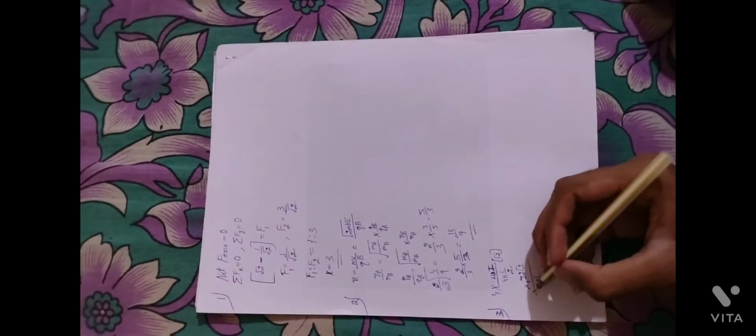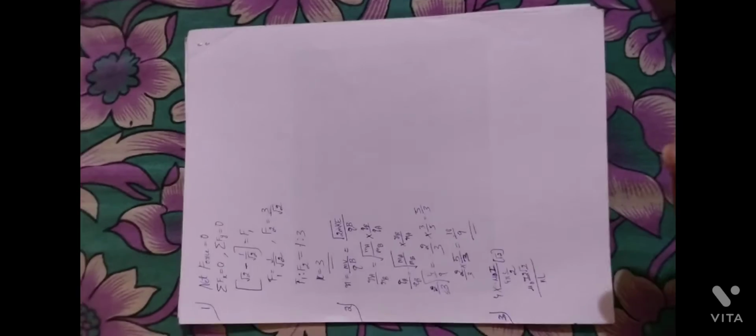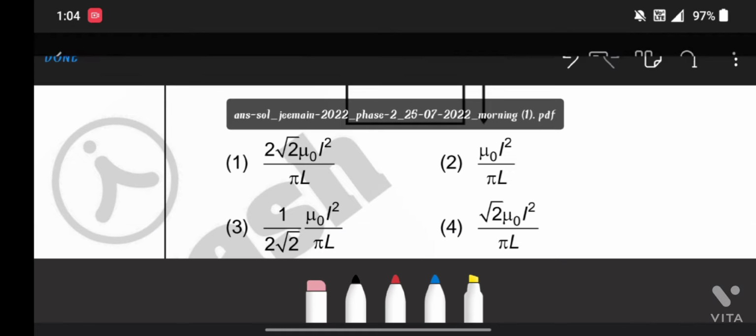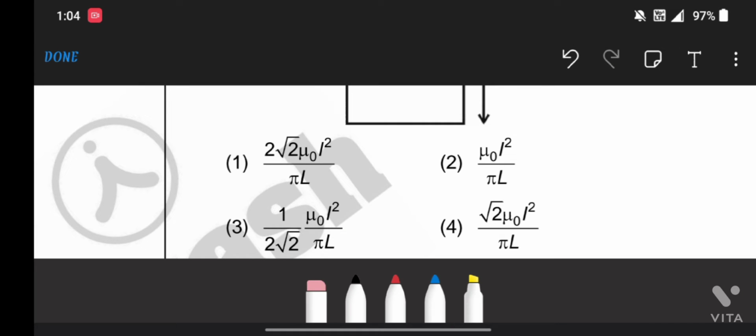So as we solved question number 3, the answer that we got was 2 root 2 mu naught I square by pi by L, right?